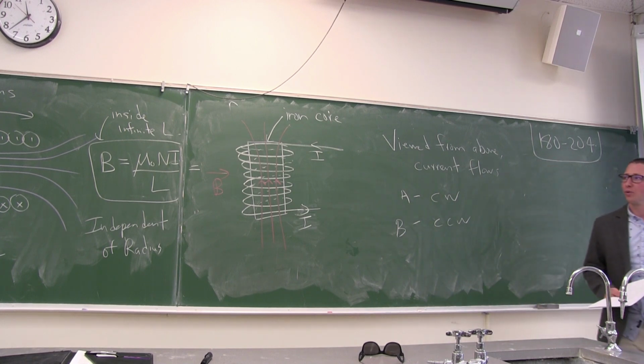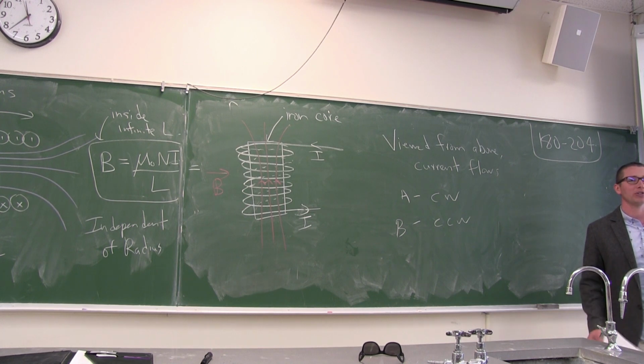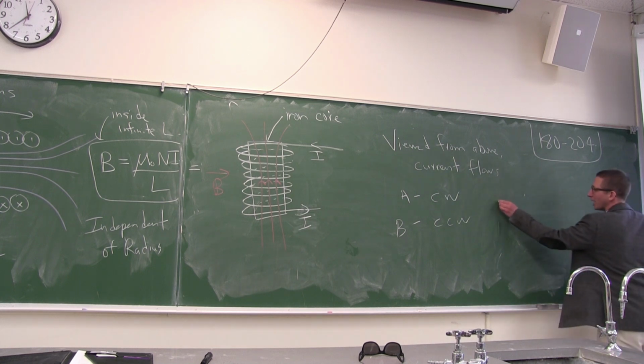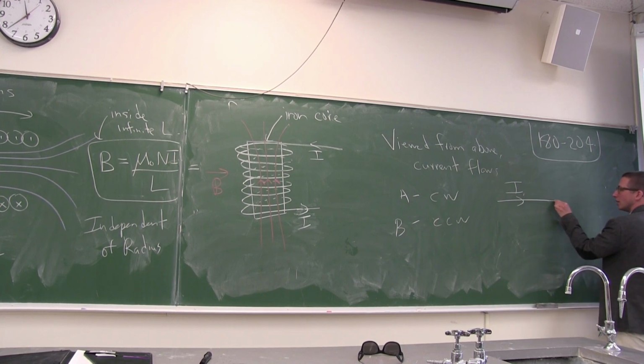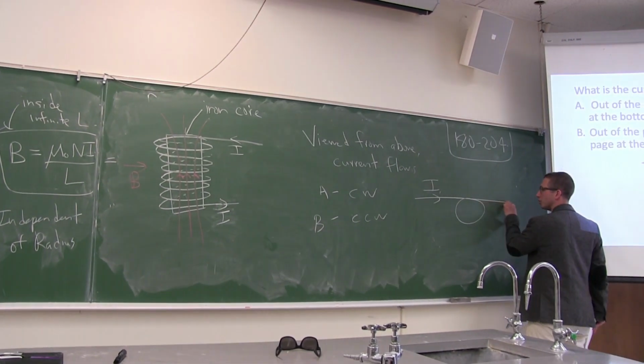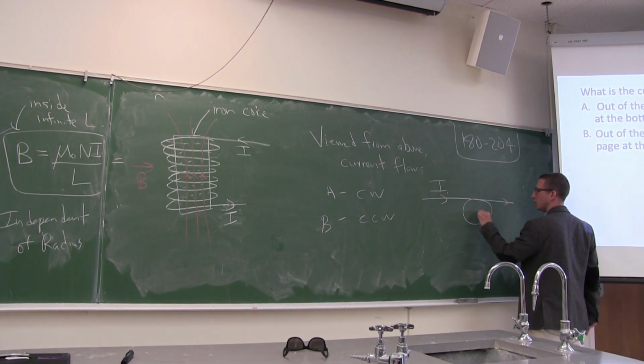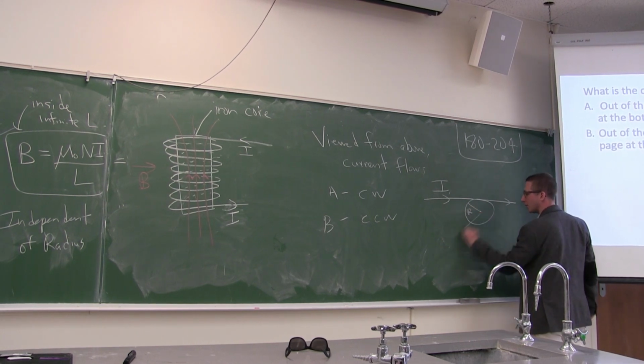Okay, now we can do various combinations of currents because we know that magnetic field also obeys the superposition principle. So if I have a current, let's say it looks like this, and it makes a loop of radius r.